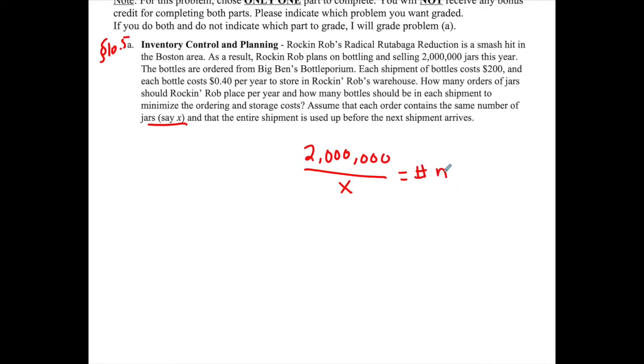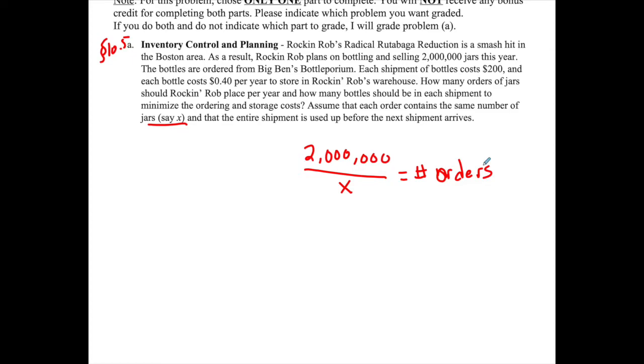So 2,000,000 / X equals the number of orders, right? So for example, if I have 1,000,000 jars per order, I'm going to need 2 orders, right? 2 million divided by 1,000,000. If I was to do 500,000 bottles per order, I would need 4 orders. 2 million divided by 500,000. So you can see how that might work there.